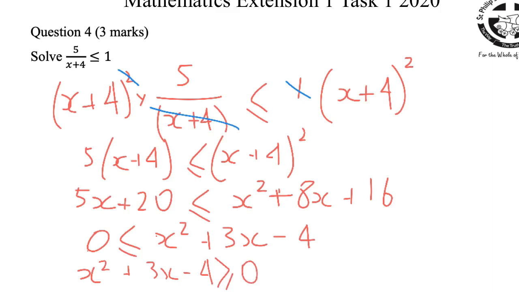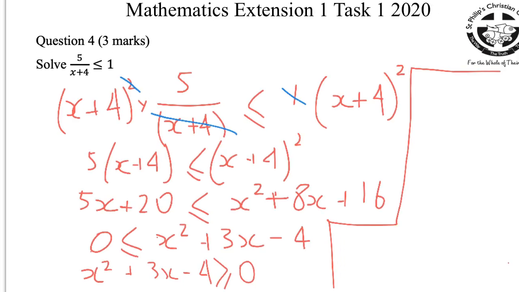Now that reduces down to a quadratic inequality, and we're left with something that's going to factorize. If I factorize that, I'm going to have x plus 4 and x minus 1 is greater than or equal to 0.